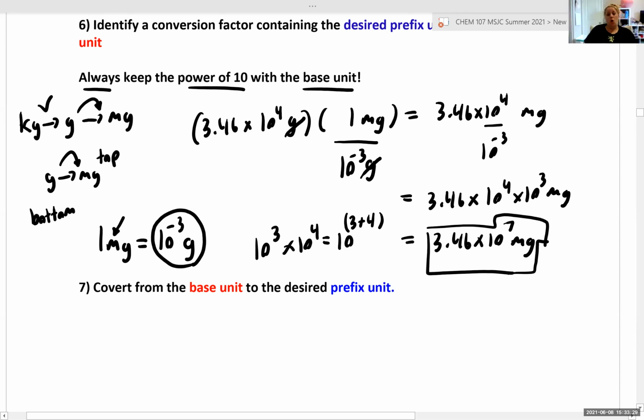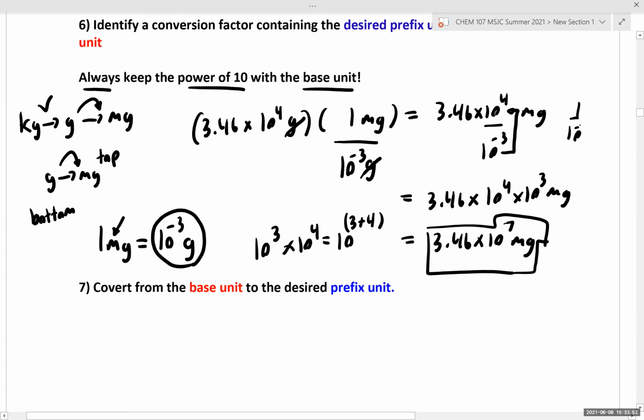Professor, I'm still hitting a wall with how you're getting, because it was the negative 3. So we're just pretty much dropping off the negative, leaving it up there, and then adding the two. Yes. So you can move any negative exponent to a positive exponent by changing the sign. So if you want to move something from the denominator to the numerator, all you have to do is change the sign.